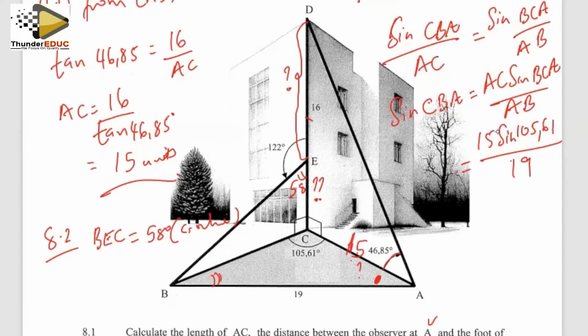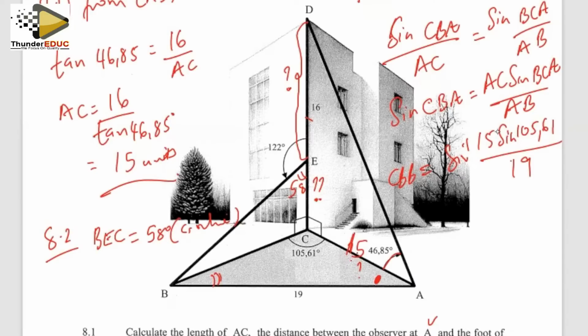19. For me to get my CBA, I'm going to use the arc sine. Shift sine of this entire thing. Let me punch this so that I see if we have the same answer.